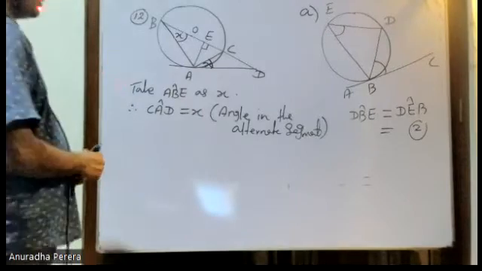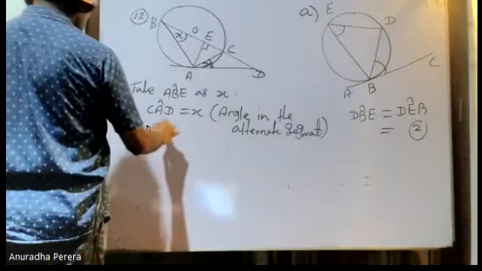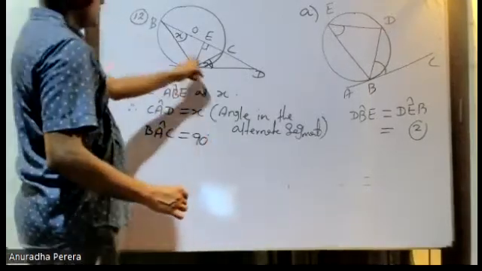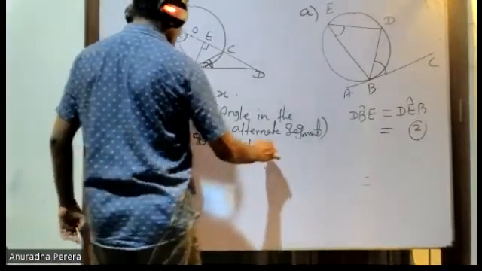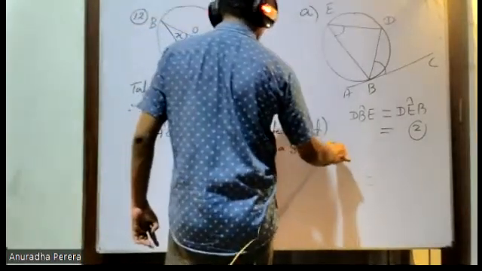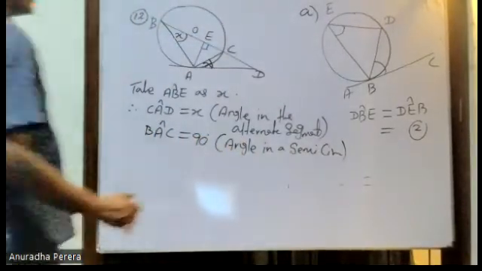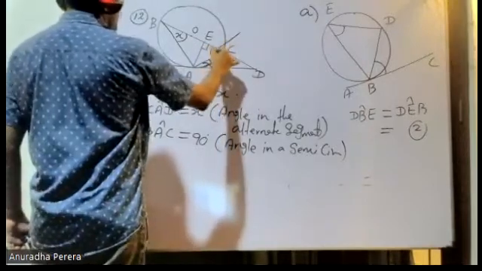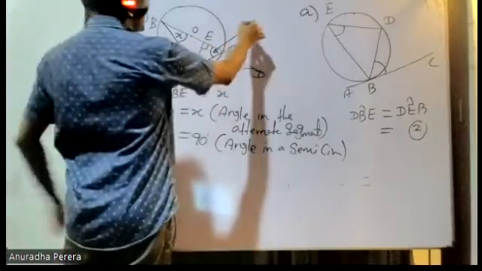Yes, we know BAC is 90 degrees. Angle in a semicircle. Right, now what is this angle? This is 90. Then you can write this as 90 minus x.